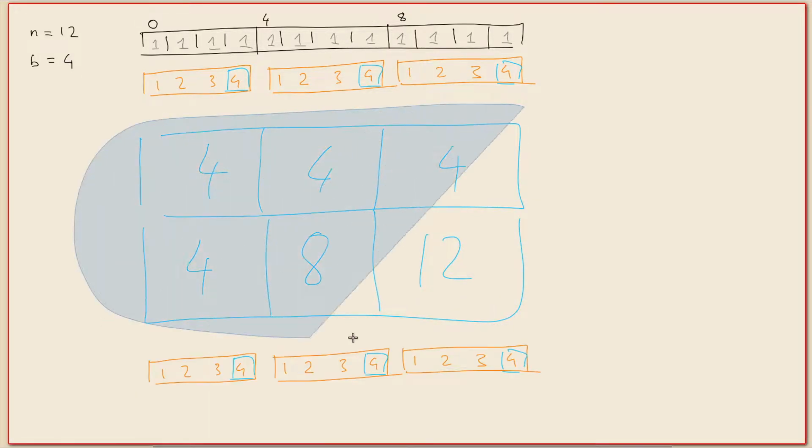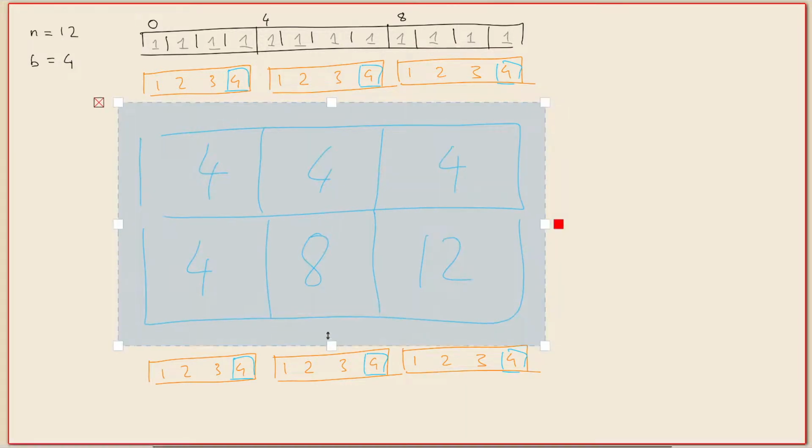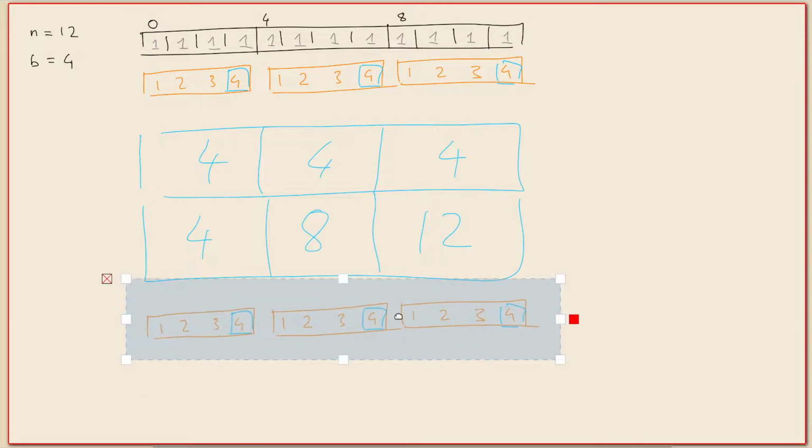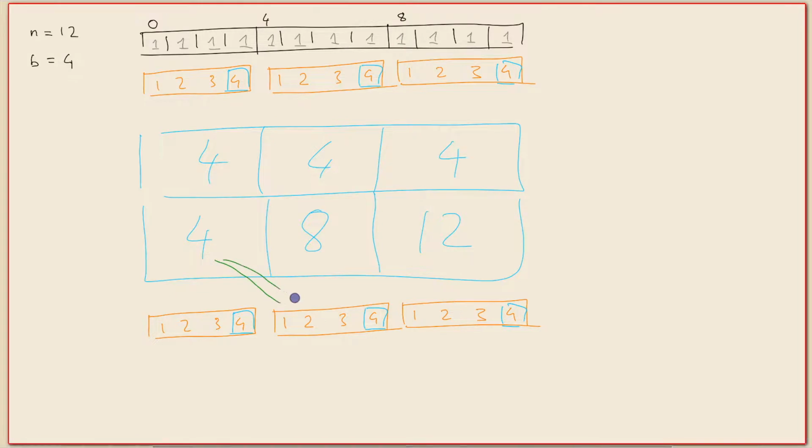Okay, I went too far with this one. Let's make that a bit smaller. This step says to all elements in here, add the 4. To all elements in this block, add the 8. I can do this in parallel over the blocks.